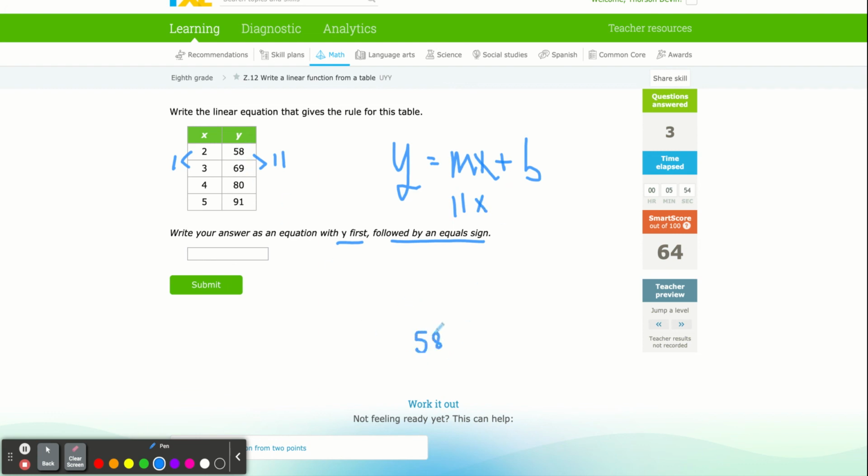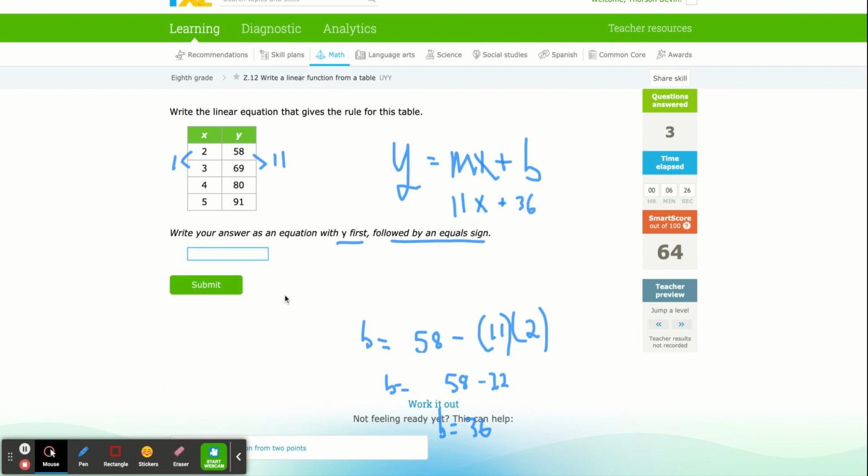I'm going to minus off my slope of 11 times my corresponding x value that went with the y of 58, which is 2. So I have 58 minus 22, or my b value is 36. So I have a plus 36, and then I just type that in. I go y equals 11x plus 36.